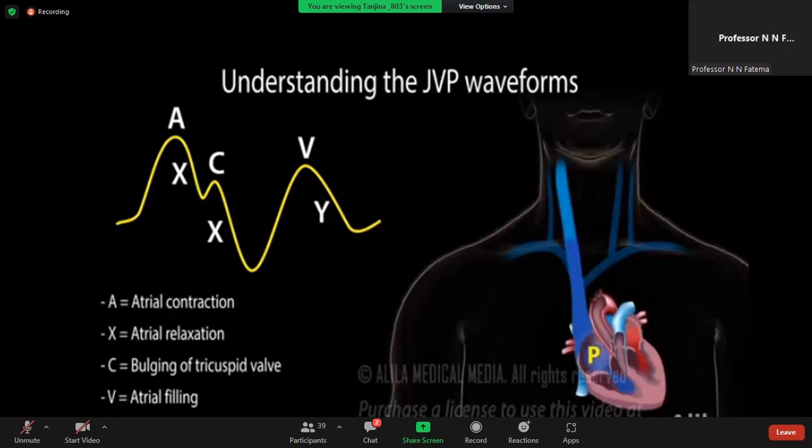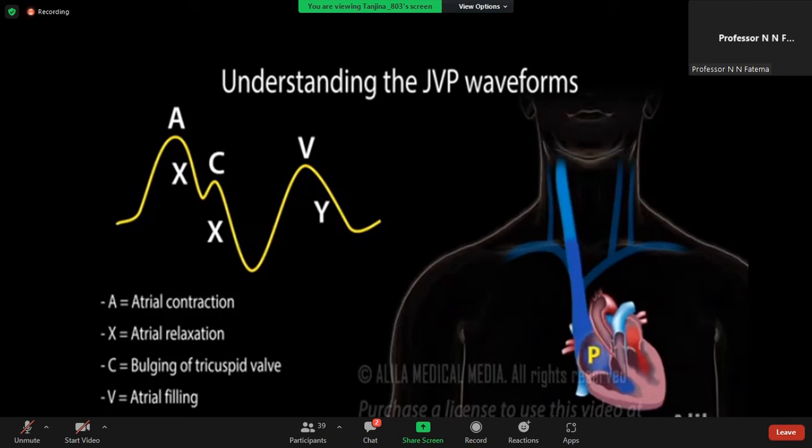Somebody says that during the ventricular systole, the tricuspid valve sometimes pushes backward, so this may be due to the pushing backward of the tricuspid valve. So this is the C wave. A, for sure, is atrial systole. C is the ventricular systole, reflecting from the carotid pulse or from the bulging of the tricuspid valve.